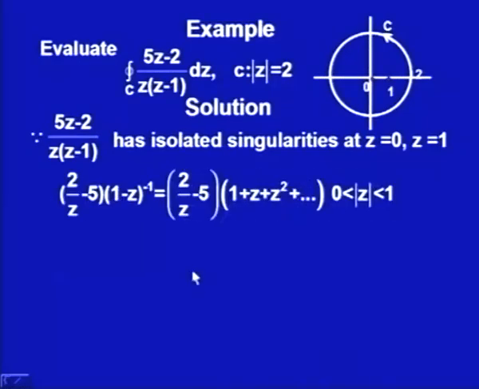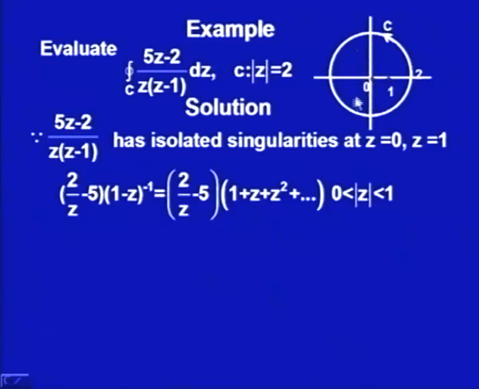Let us first find the residue. The first method I am applying here is finding the residue using the Laurent series. This function we write as (2/z - 5) times (1 - z) to the power minus 1, where I take z out from the denominator.